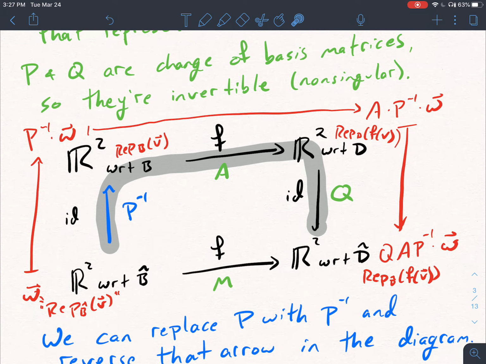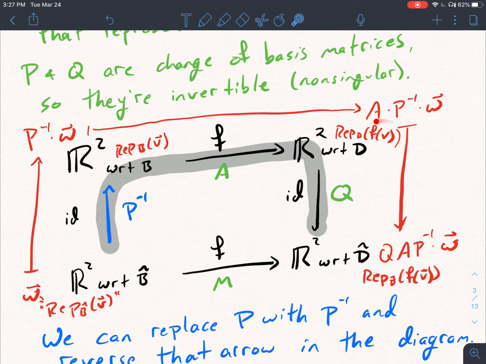So w gets sent to the representation of v with respect to B, which is equal to P inverse times w, on the left. Similarly, A represents this map f right here with respect to B and D. So here I have the representation of v with respect to B, and I can multiply this on the left by A to get the representation of f of v with respect to D.